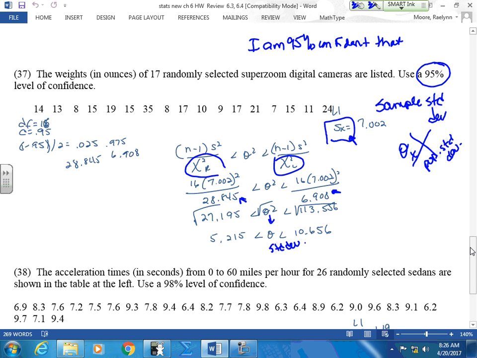That the population standard deviation of these digital cameras will fall between this answer, 5.215 and 10.656. Now, keywords. I want to be 95% confident.